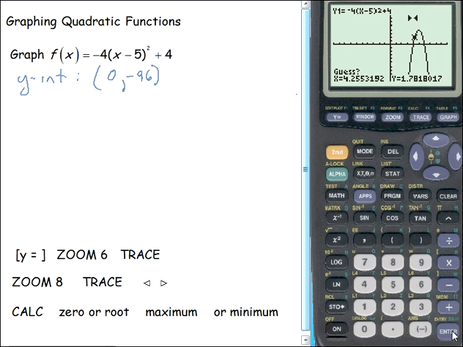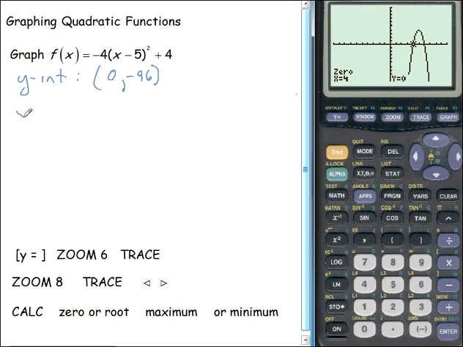It will always do a guess first, and then hit enter again, and it will give you the value of the first intercept there, which is 4. So I'm going to put x-intercept, and the first one is 4, and that's what it looked like, because on the graph it looked like 4.